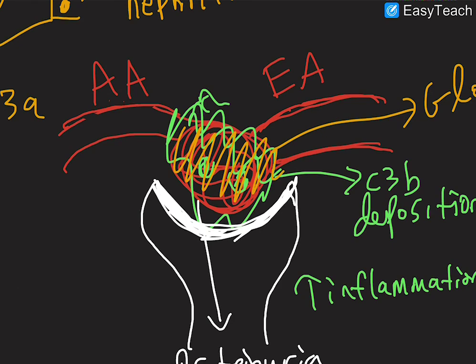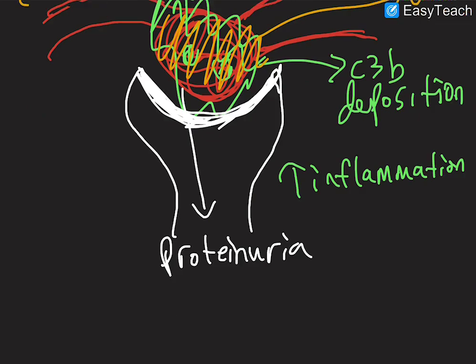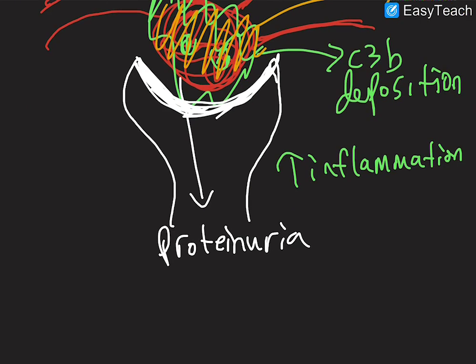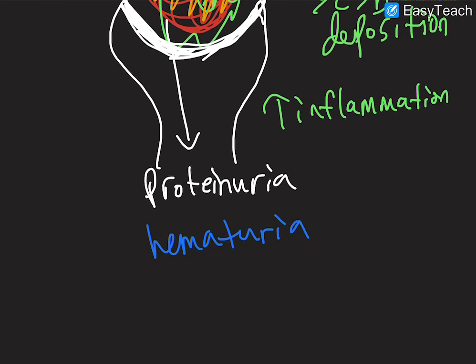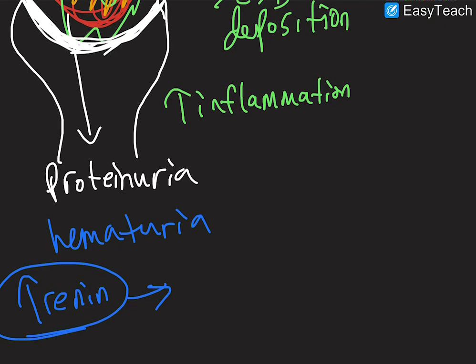All right. And of course, if you damage your glomerulus, not only can it lead to proteinuria, but if you damage your glomerulus enough, it may even lead to hematuria also, right? And of course, we know that our kidneys are good for doing what? Regulating blood pressure, right? Through the renin angiotensin aldosterone system. So if you damage your kidneys like this, right, this can trigger the renin angiotensin aldosterone system by increasing renin production, which will eventually increase angiotensin 2 production, as we know, right?